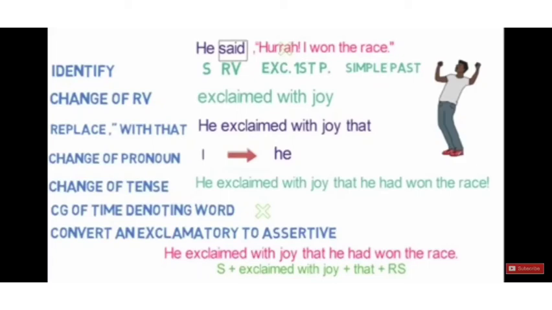We have to remove the exclamatory mark and put the full stop at the end of the sentence. Finally, the sentence will become like this. He exclaimed with joy that he had won the race. And also, as per the structure for the indirect speech, the sentence is like here, what we require.